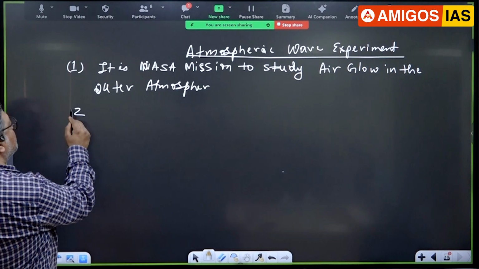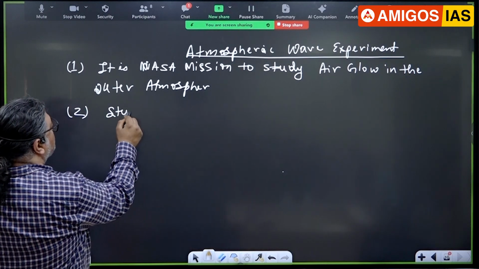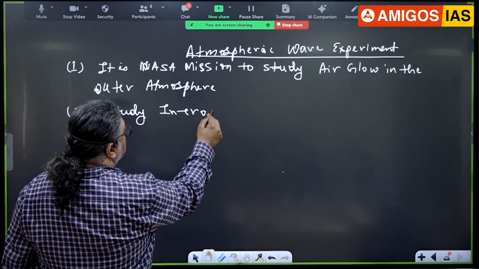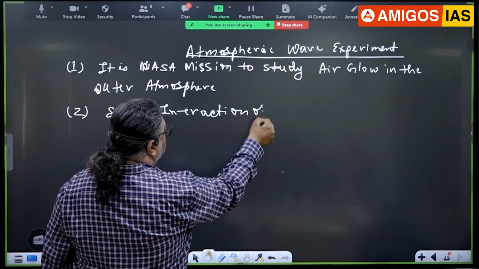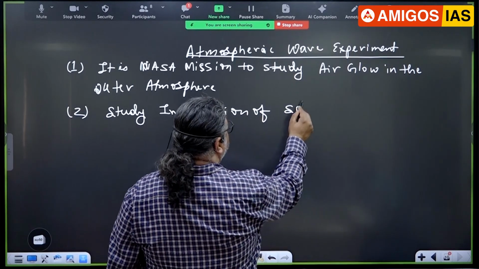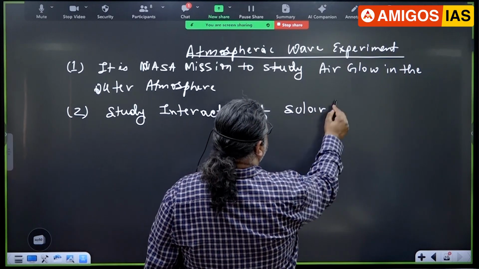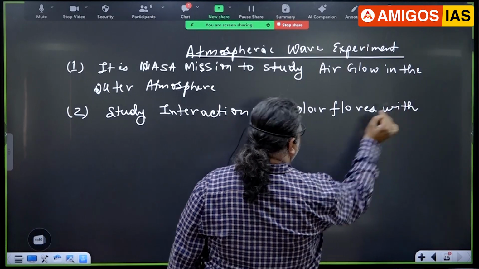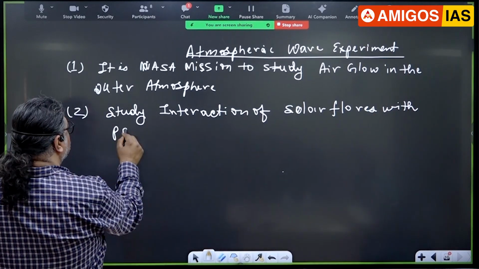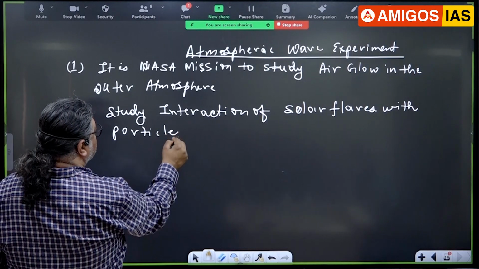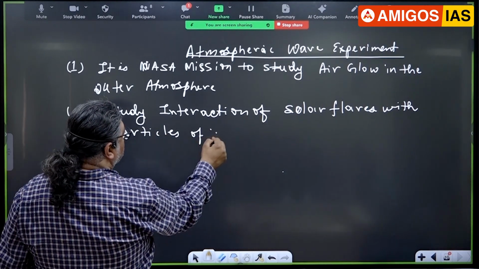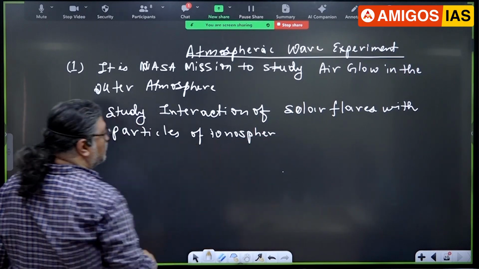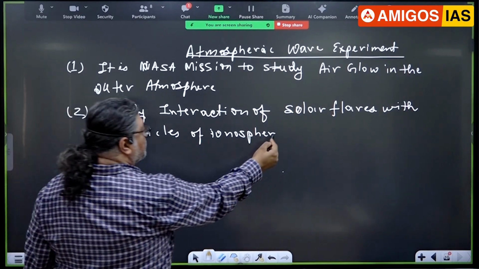Now what is done here, second thing is that study interaction of solar flares with particles of ionosphere. Right? Particles of ionosphere.